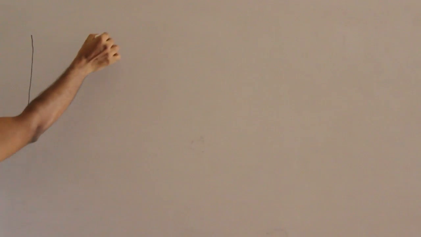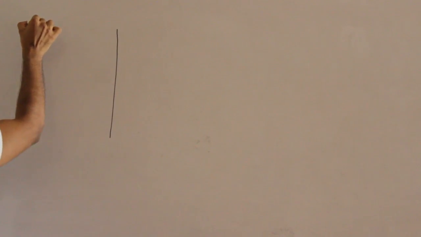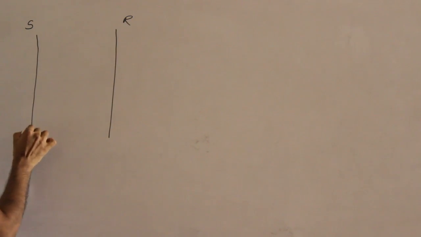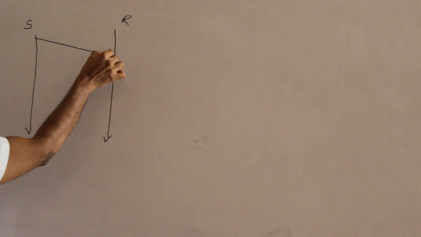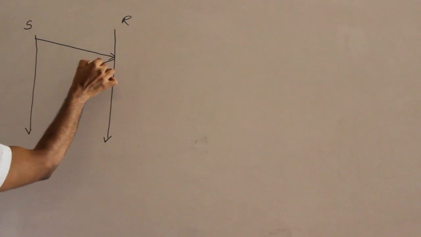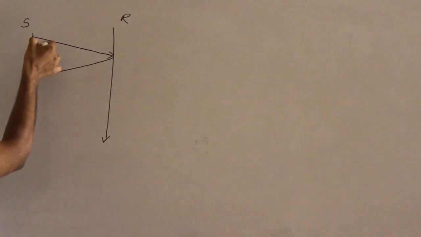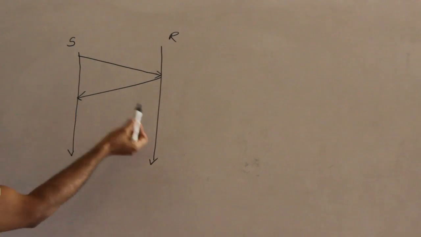Some problems in stop and wait are like this. Let's say this is the sender side and this is the receiver side and this is the timeline. Now the sender is sending the data and the receiver will send the acknowledgement, and after this we are going to again send the data.